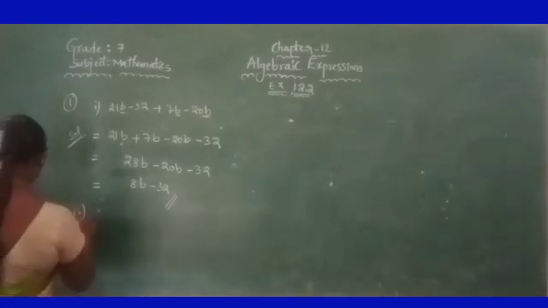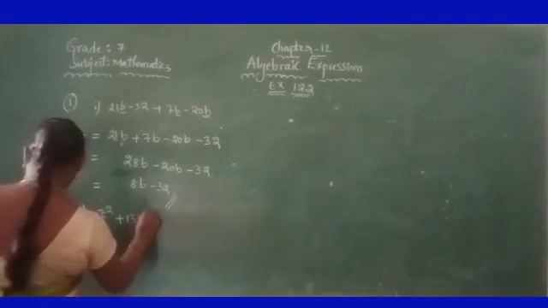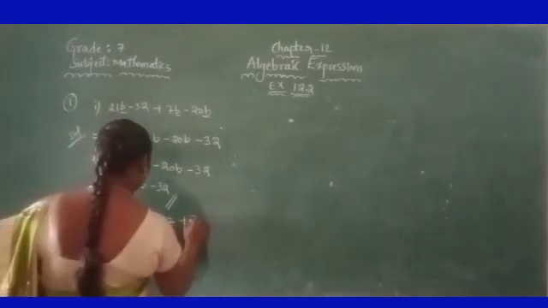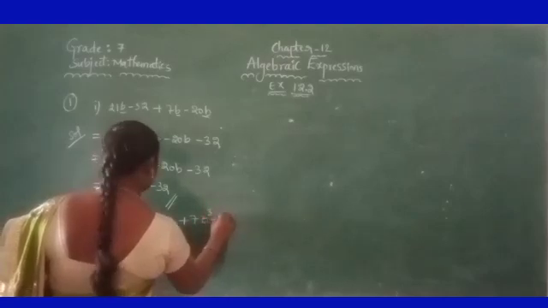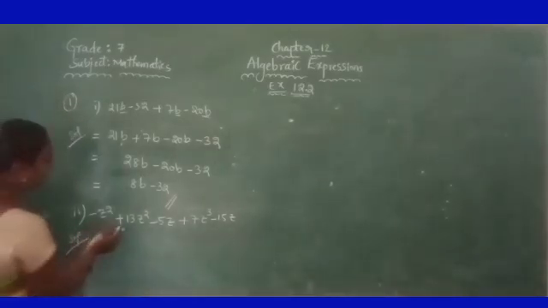Children, similarly see the second one: minus z square plus 13z square minus 5z plus 7z cube minus 15z. What you have to do? First step is to bring all the like terms together.